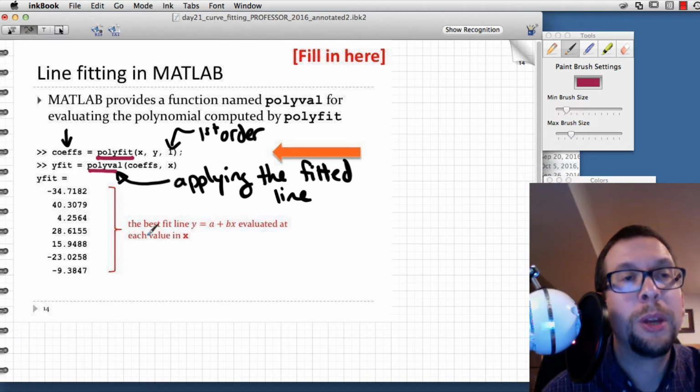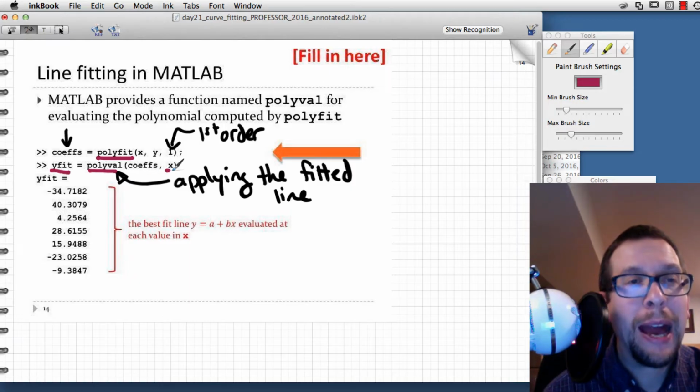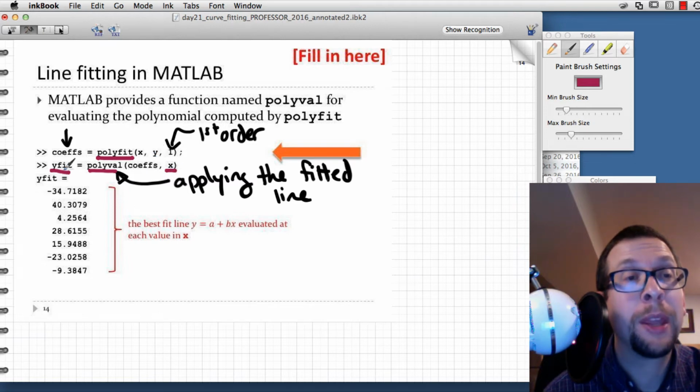And what this will do is come up with the y values that correspond to the line that's been computed at particular values of x, for all of the values of x that we had, and it will calculate all of the y values along this new best fit line. So we've got 1, 2, 3, 4, 5, 6, 7 different values along this new line that we've created, and they've been calculated with respect to the coefficients and with respect to the x value.